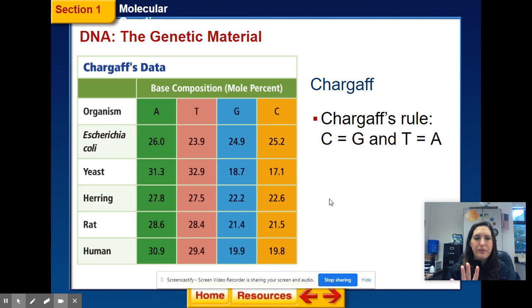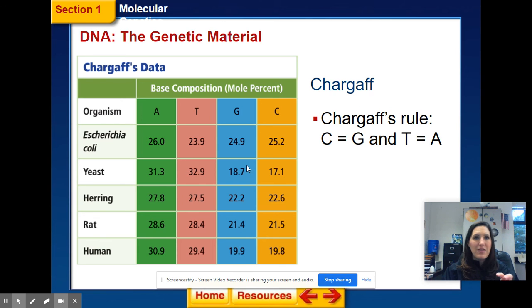In middle school, you learned these as A, T, C, and G. You still have to know them in order, A, T, C, and G. Just know that A and T go together and C and G go together. Chargaff's rule was that the A and T are in similar quantities and the C and G are in similar quantities.